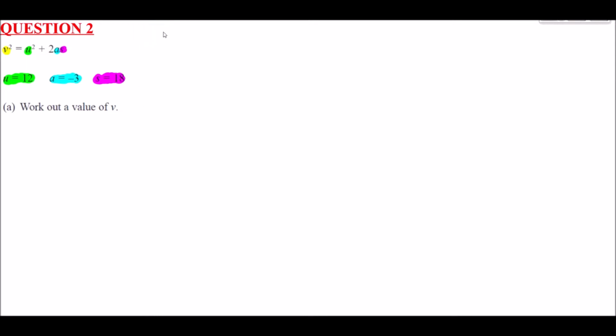If you notice it says a value, it's because we've got v squared. So when we square root something, we can consider both positive and negative. But anyway, let's just think about what v squared is. So it's u squared plus 2 lots of as. But of course, we were told that u is 12.